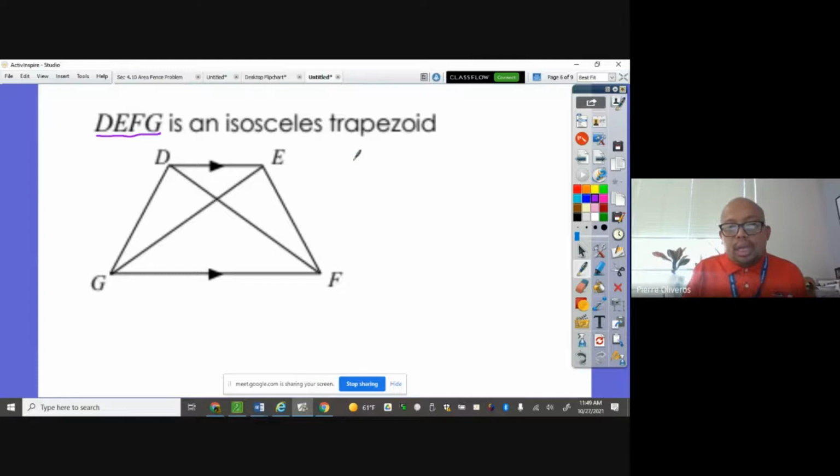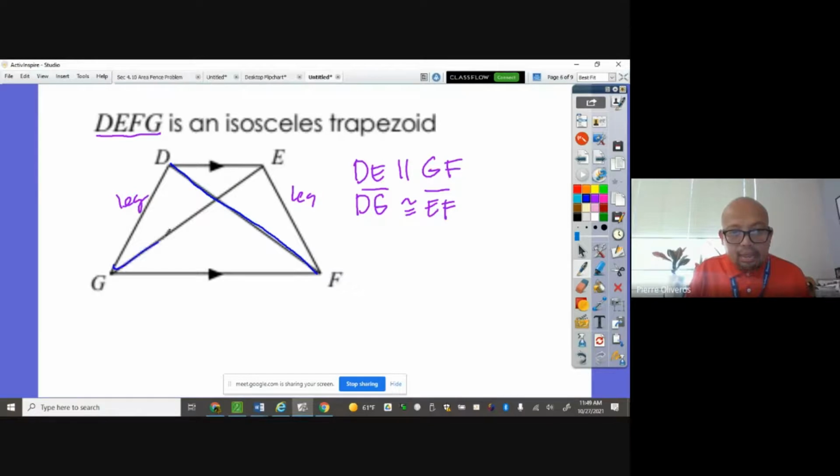So we know that DE is parallel to GF. Also, we know that DG is congruent to EF because they are the legs. This is your leg, this is your leg. And what do we know about your diagonals? Diagonals have to be congruent.